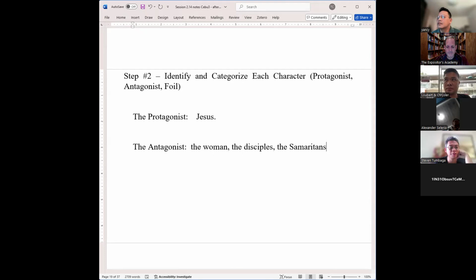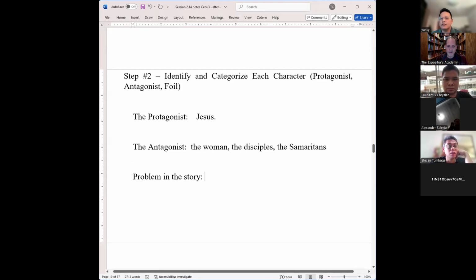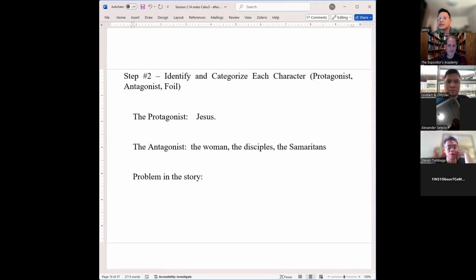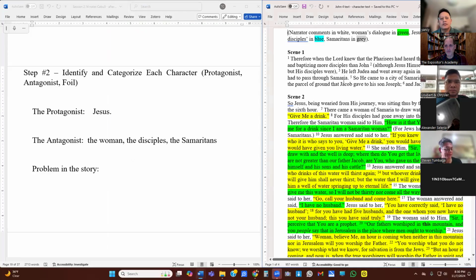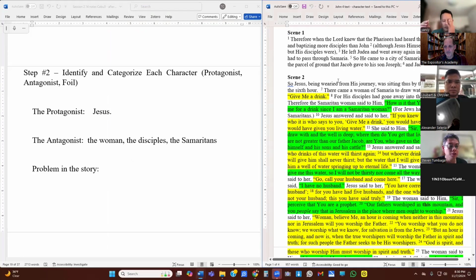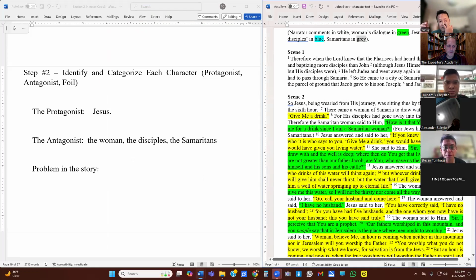The problem is the status quo that Jews could not associate with Samaritans. Yeah, I think so, right? Because notice here, I'll do the full screen so you can see the text on the right. I'll explain why I did these colors differently in a minute.